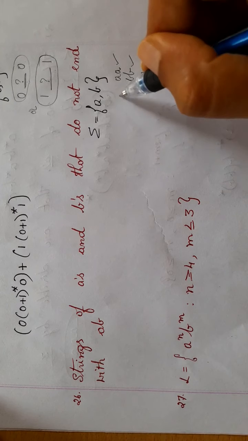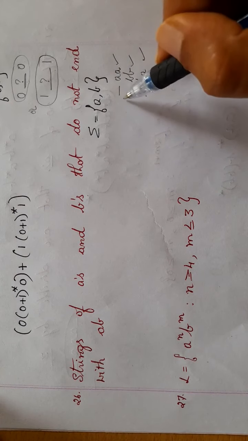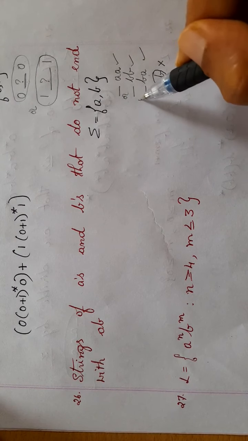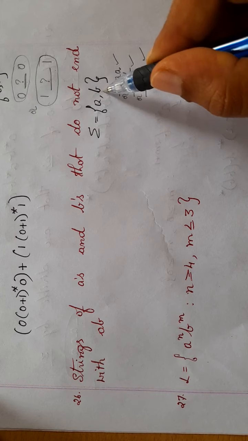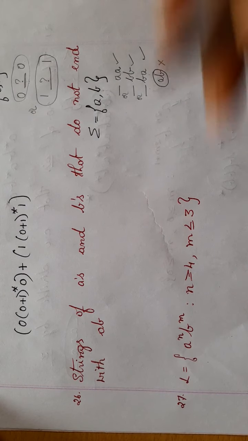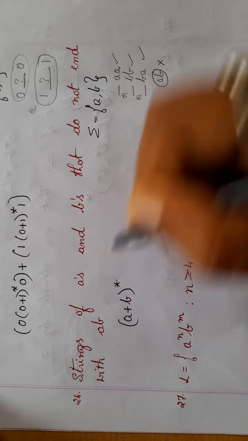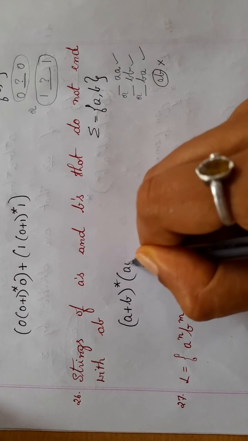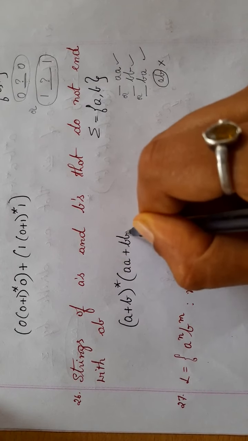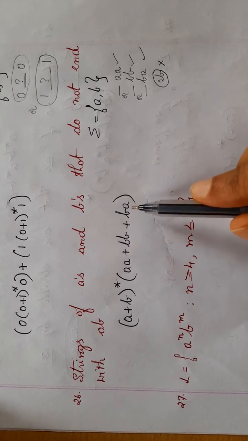In the beginning I can have anything with respect to A and B. So the regular expression will be: in the beginning, anything, (A plus B) star, 0 or more occurrences, and then I can have either AA, or BB, or BA.